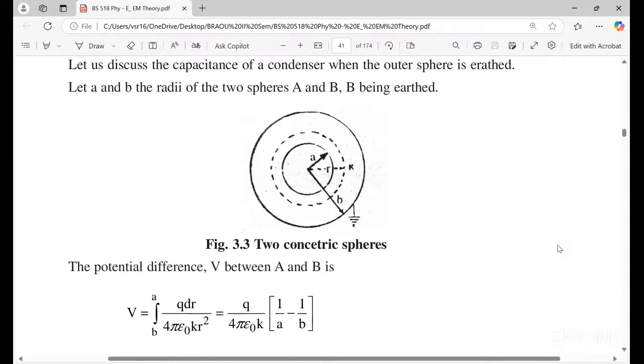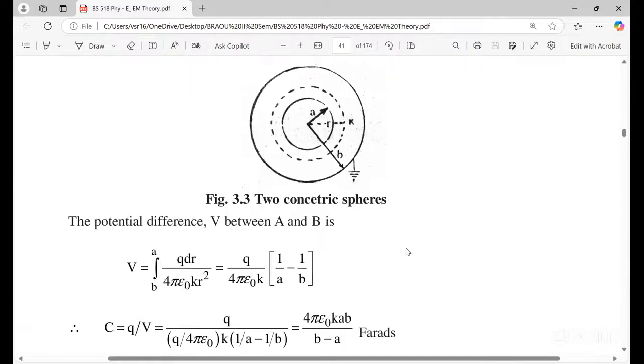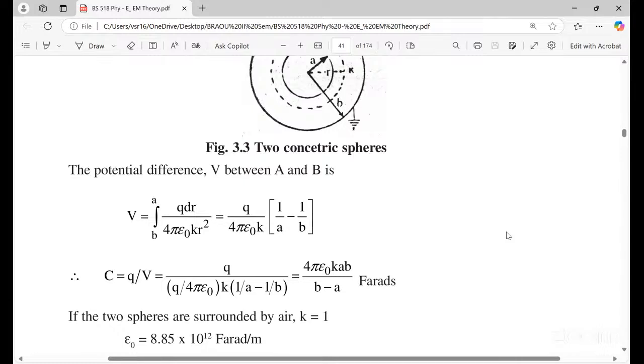If you choose a point on it, that point is representing K, there you need to calculate the potential difference. So what is the equation here? Potential difference equation.